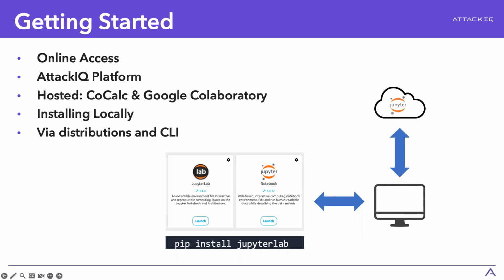Also, if you have any questions or need updated installation instructions, I suggest you refer to the distribution's website, or even visit the Project Jupyter website for how to install it locally.